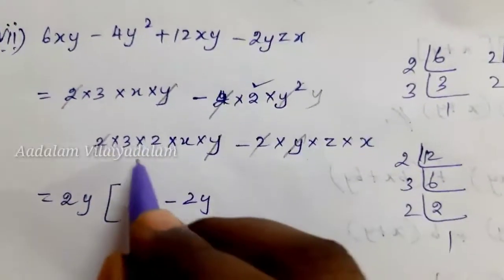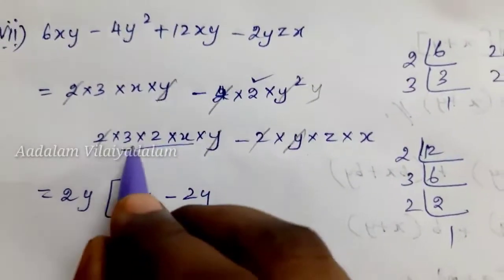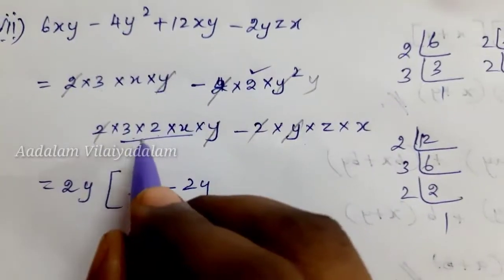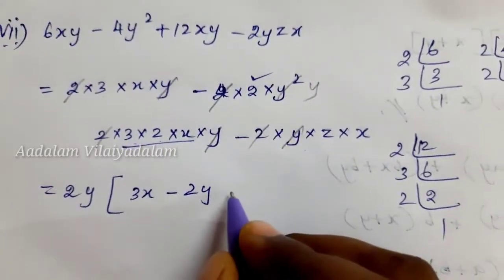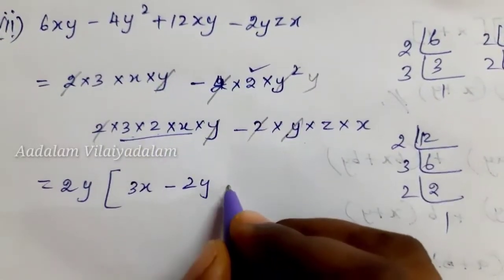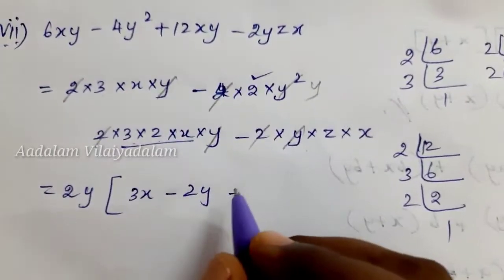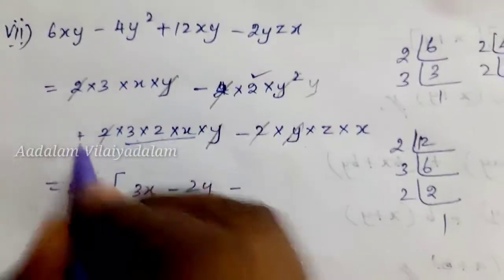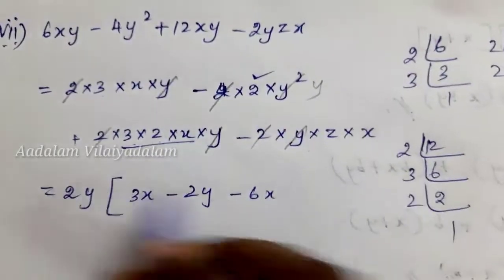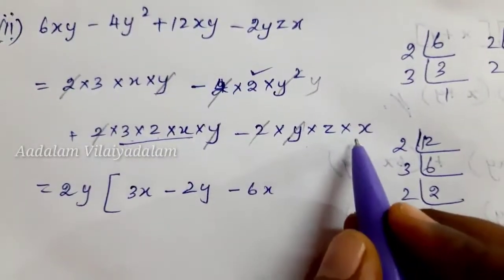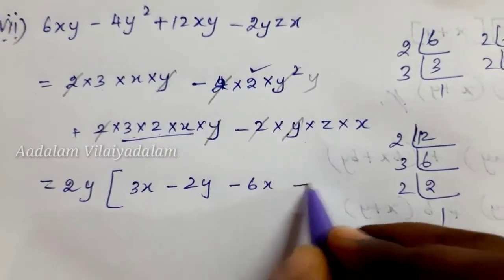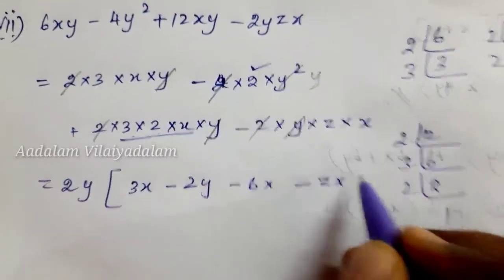Then the remaining is 3 into 2 into 6, which means plus 6x. Then the remaining term is minus zx.